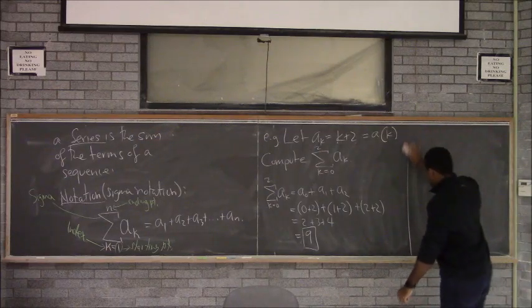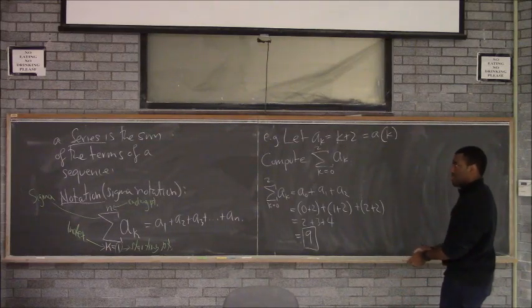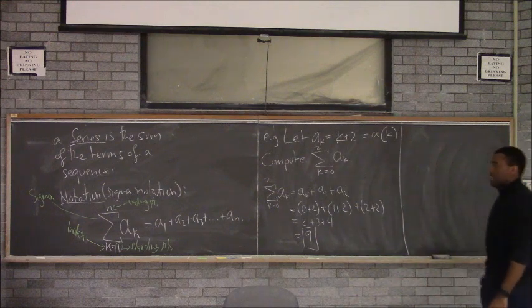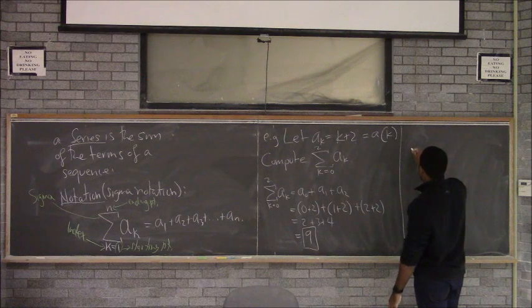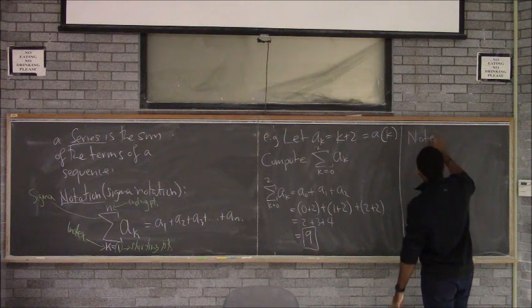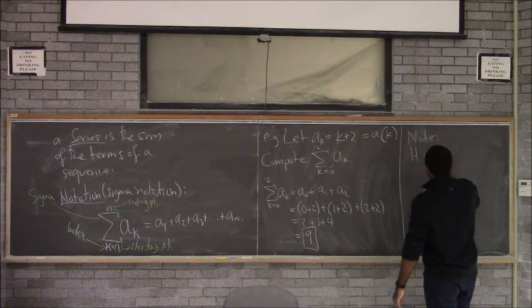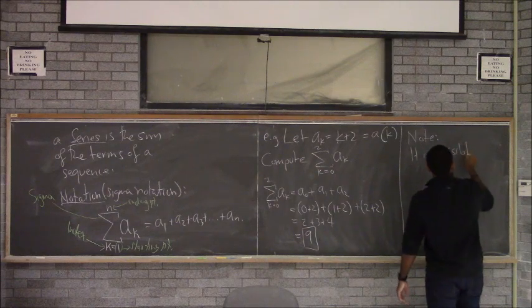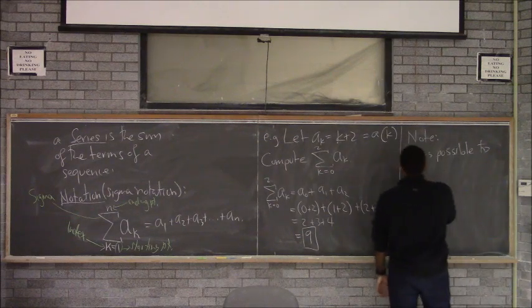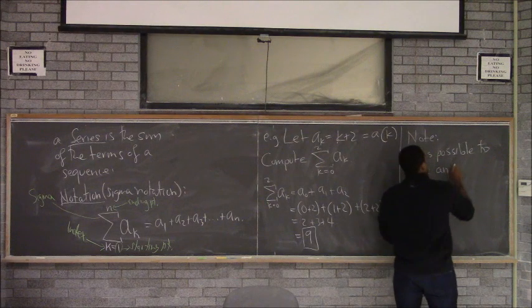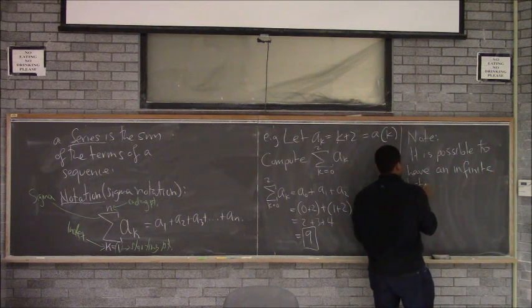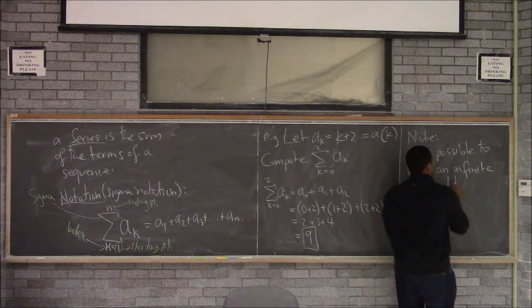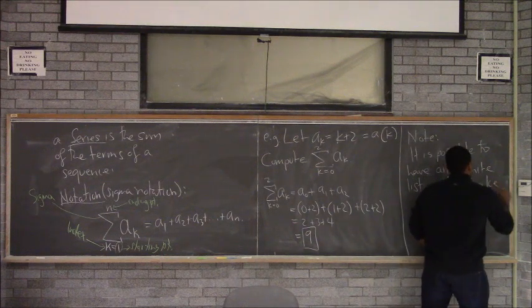Now that is important, but it's not going to be the main thing that we care about, and you'll see why in a second. But note, it is possible to have an infinite list and to make sense of its sum.